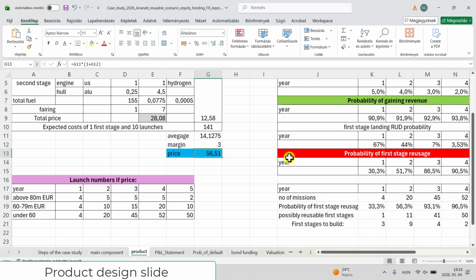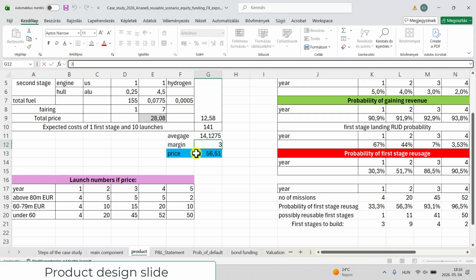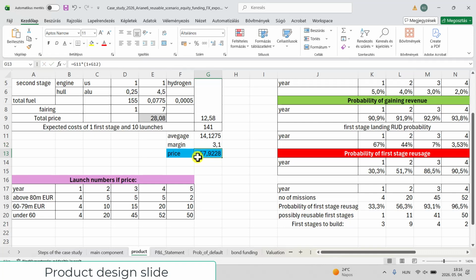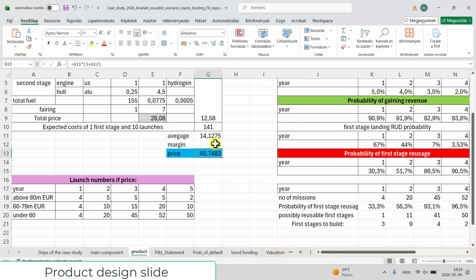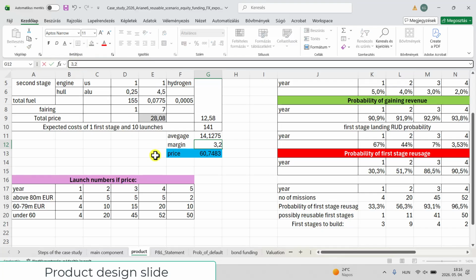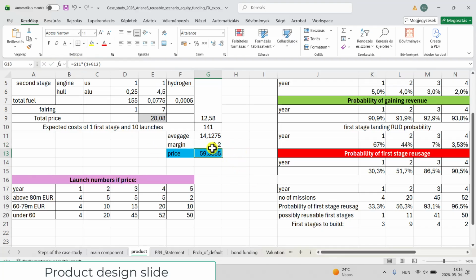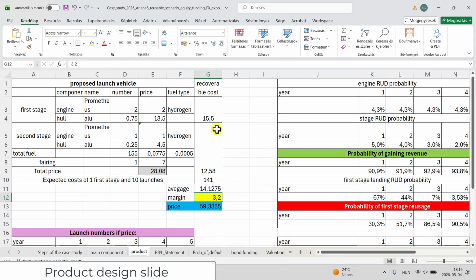3? Yes. 3.1. This is still good. 3.3. No, this is too much. 2. Okay, so now we defined the margin. So practically I'm just marking with yellow that we needed intervention here, here. This was automatic. There.